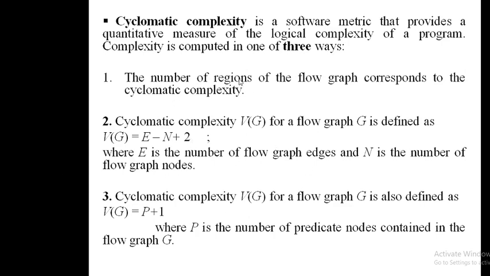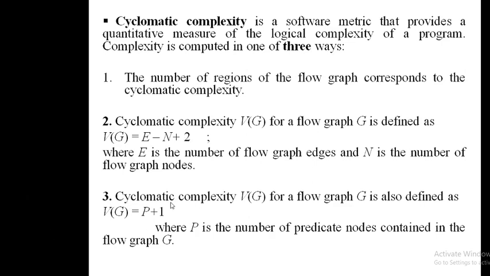How many regions are there? 4. So 4 is the cyclomatic complexity based on the first point, and based on the second one, 11 minus 9 is 2, 2 plus 2 is 4. So 4 is the cyclomatic complexity of our flow graph.